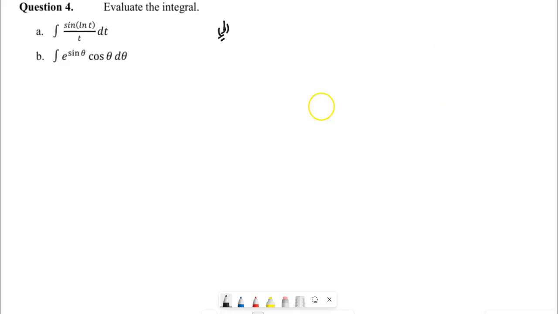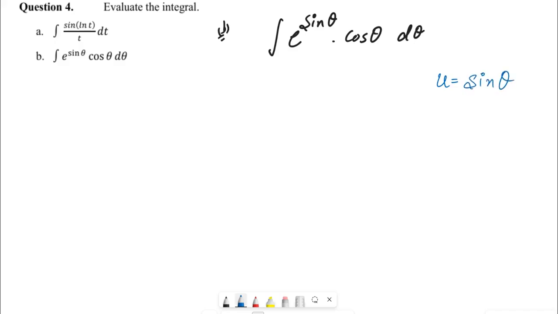Let's work on B. Integral e to the sine theta times cosine theta d theta. I see e has the exponent sine theta, and sine theta's derivative, cosine theta, is sitting here. So I think my substitution should be u is equal to sine theta. Derivative of u will be cosine theta d theta, which is already sitting in the question.